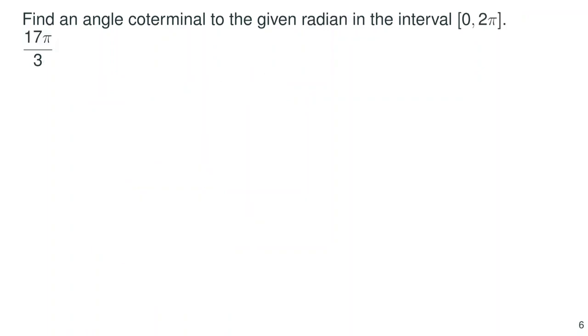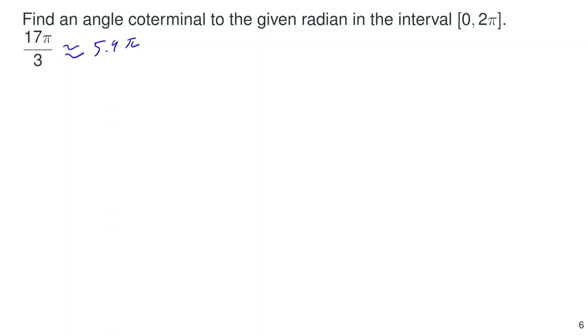Find an angle coterminal to the given radian in the interval 0 to 2 pi. Now we're dealing with radians. So let's first check something. This is about 5.9 pi. If I do 17 divided by 3, if it were 18, it would be exactly 6 pi, right?